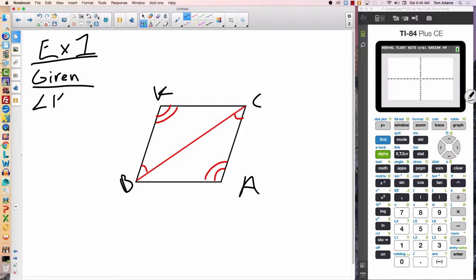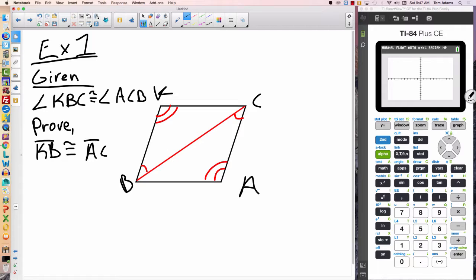And so we are given that the angle KBC is congruent to the angle ACB, and we're asked to prove KB, the line segment KB, is congruent to the line segment AC.